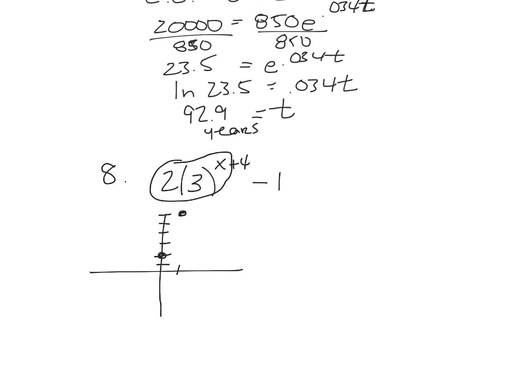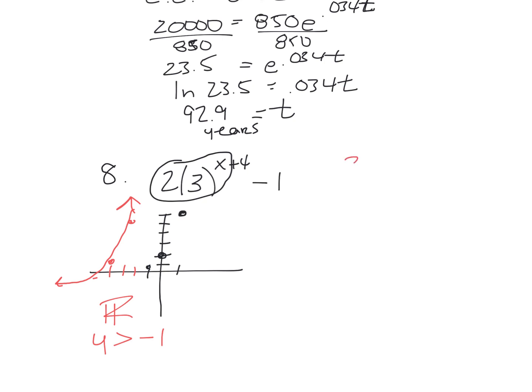If I divide by 3, I'd have 2/3. And then I'm going to move left 4 and down 1. Left 4 and down 1. The graph's going to look like this. It's going to get closer and closer to -1. Domain would be all reals. Y is greater than -1.